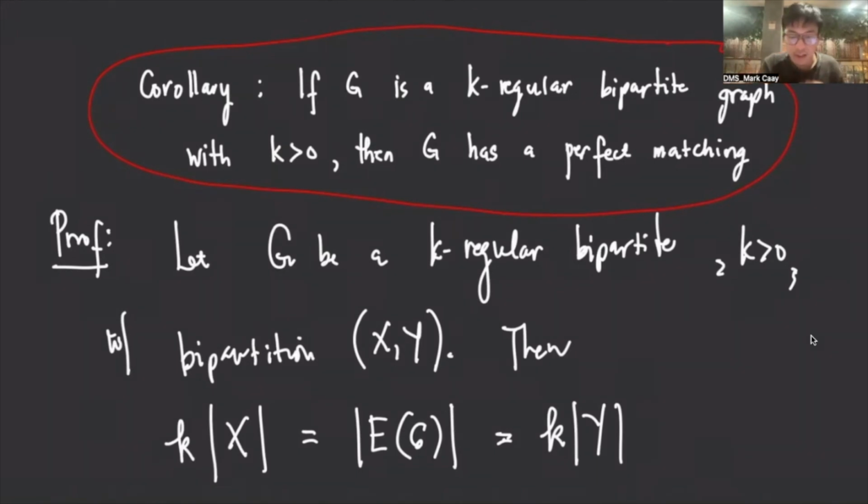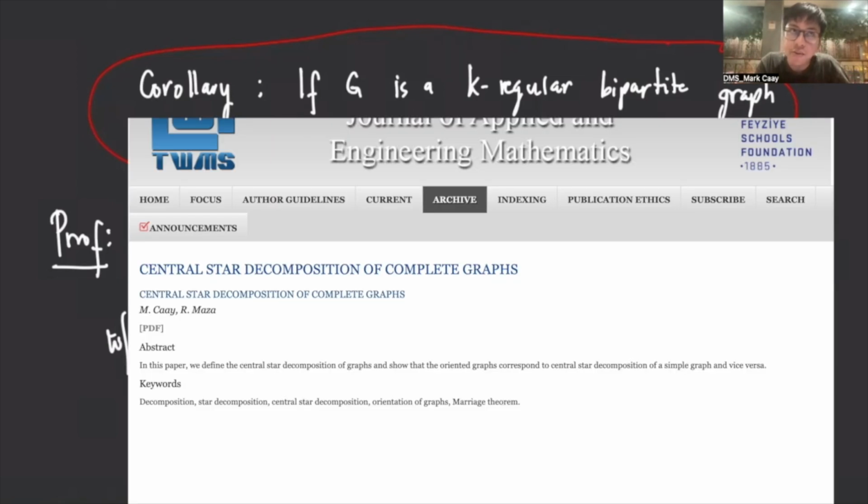Just a fun fact about this: this is where my research paper, recently published this year, entitled Central Star Decomposition of Complete Graphs, co-authored by Dr. Maza of Mapua University, started.